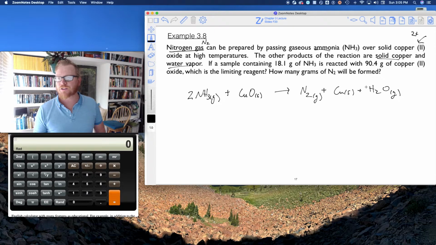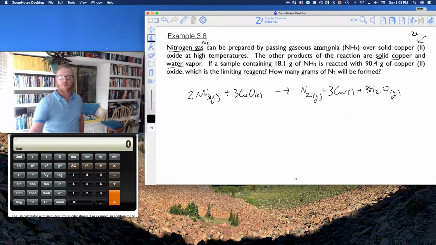And here I only got 2, so I'm going to put a 3 over here. And now my hydrogens are balanced, so that's good. But now I've added 3 more oxygens, but I only have 1 oxygen on this side. So now I'm going to add 3 to this side. And then finally, I see now I've added 3 coppers, so now I need 3 coppers over here.